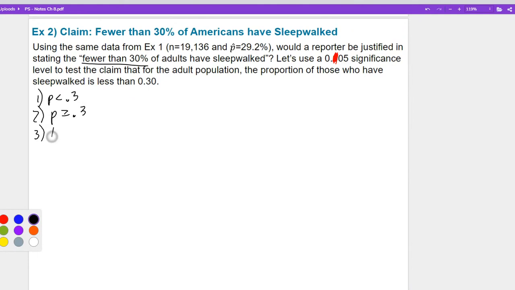Step 3, when we talk about the null, it's the one with the equals, and the alternative is the one that does not have equals. I keep saying H equals. That's not how you write it. H0: p equals 0.3. And the alternative, H1: p less than 0.3.